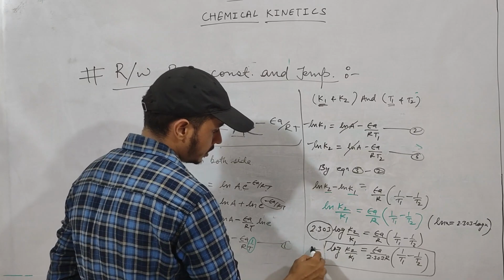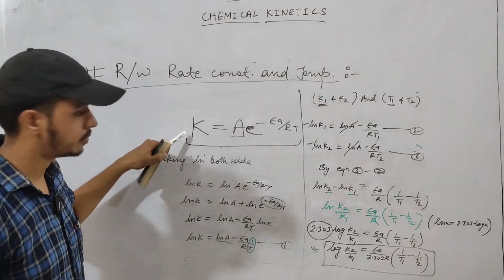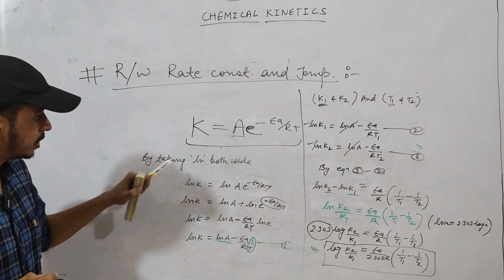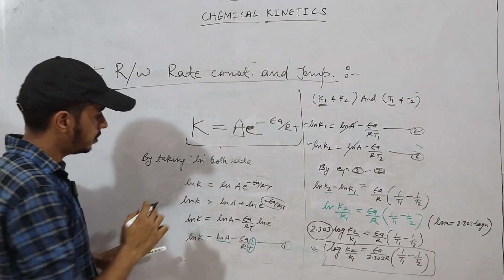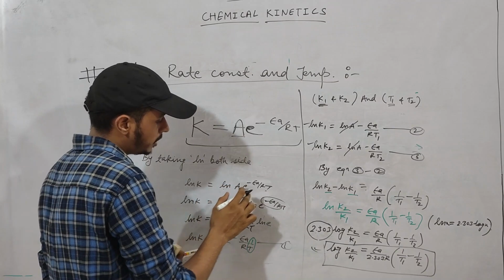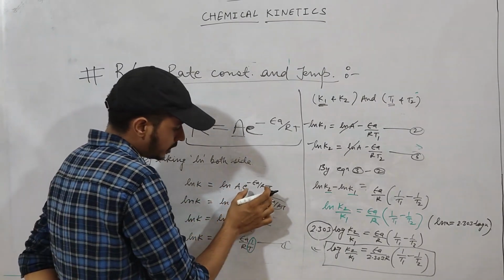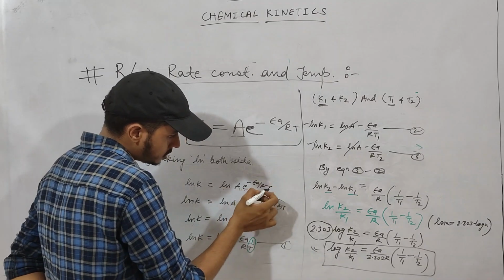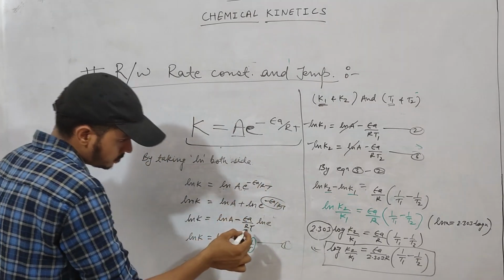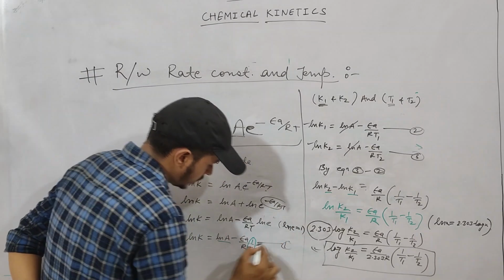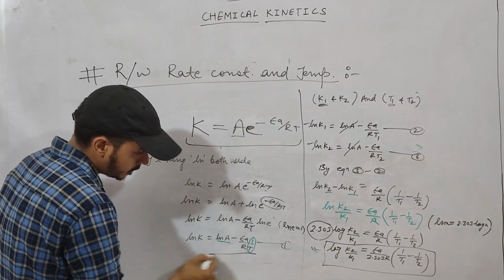So this is the final result starting from the Arrhenius equation, k is equals to A e to the power minus Ea upon RT. By taking ln on both sides, it will become ln k is equals to ln A minus Ea upon RT, using the property of log, and the value of ln e will be 1, and we will get the equation first.